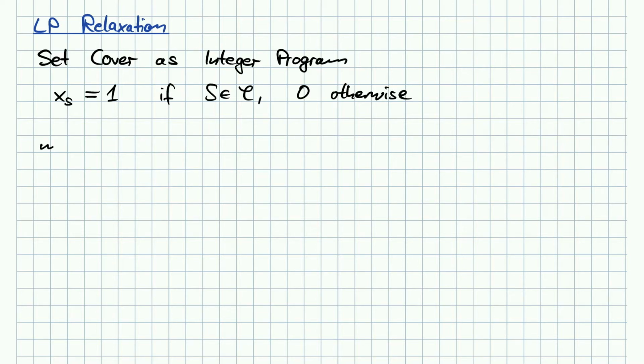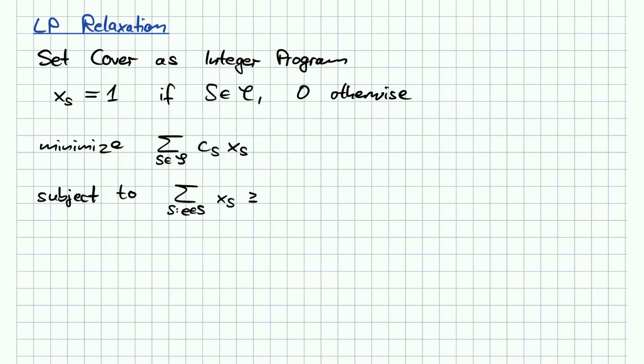If we were now to write down our problem, we would say we want to minimize the cost of our cover, which means nothing but that we want to minimize the sum of the CS times XS, subject to the condition that for all sets S which contain a particular element, their sum has to be at least 1 for all elements.